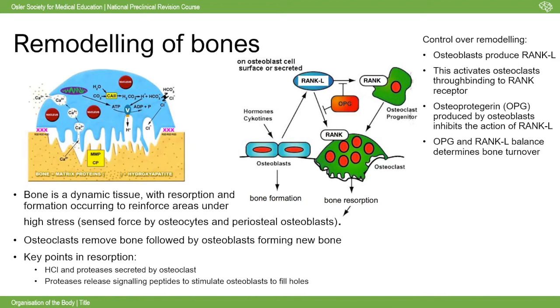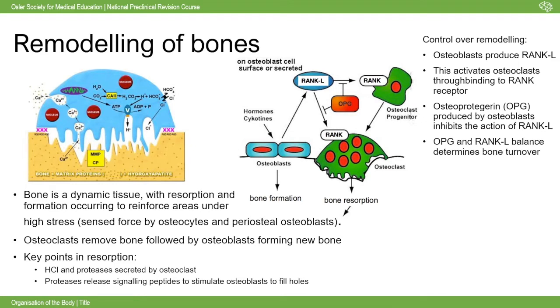So we need to make sure that this process is always in balance. Otherwise, we end up with what occurs in osteoporosis, in which these processes are off kilter, and it means you have excessive resorption, and therefore your bones get really brittle and at risk of fracture. So it's really important that the balance is right.